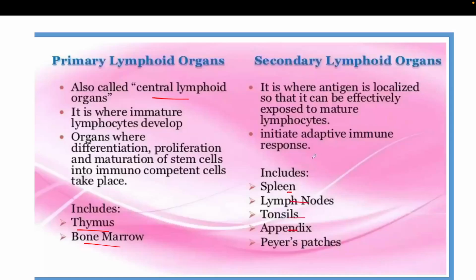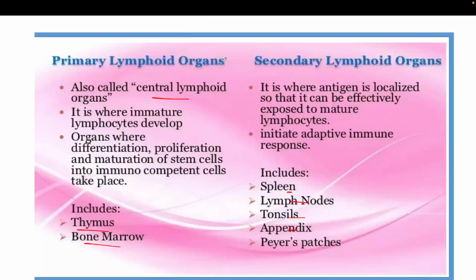These are the secondary lymphoid organs, where the mature lymphocyte encounters the antigen, proliferates its number, and can initiate the adaptive immune response. Whereas the primary lymphoid organ is the initial stage, where the lymphocyte will develop firstly.